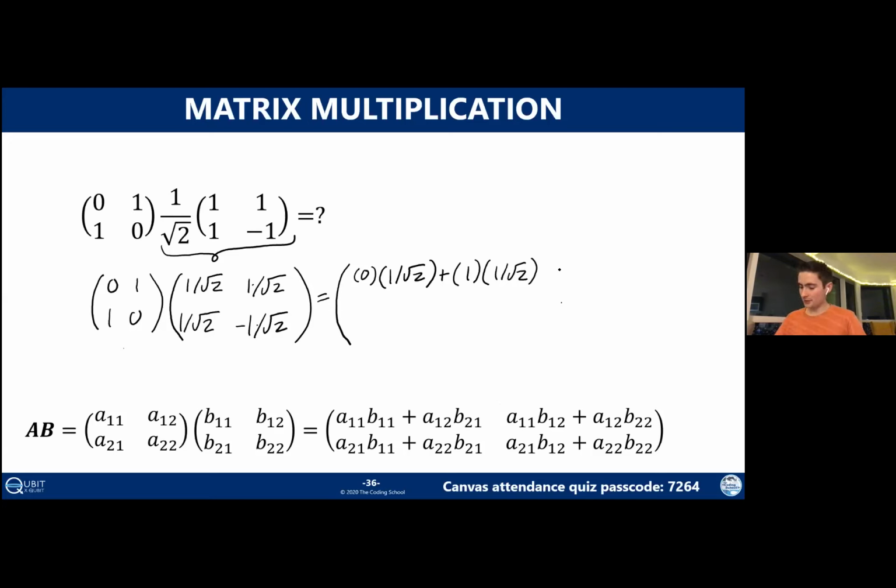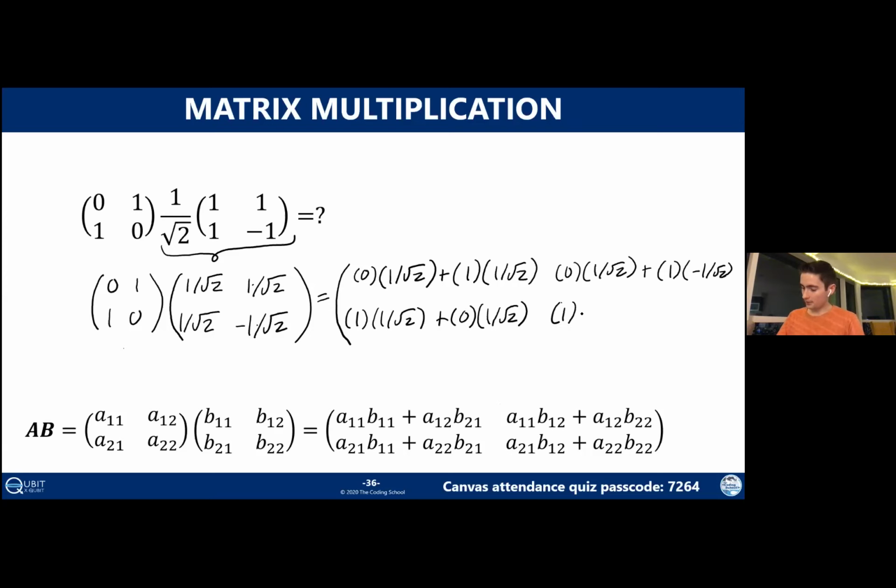So what do we get for the other ones? Here we're going to get 0 times 1 over root 2 plus 1 times minus 1 over root 2. Running out of space. Here we're going to get 1 times 1 over root 2 plus 0 times 1 over root 2.